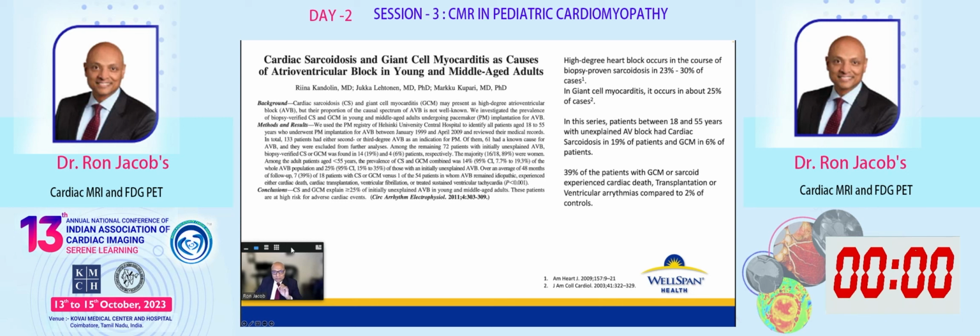In this particular series, patients were between 18 and 55 years, and the incidence of sarcoidosis or giant cell myocarditis was 19% and 6% respectively. Interestingly, 39% of the patients with giant cell myocarditis or sarcoid experienced some adverse event, compared to the controls who only had 2% of events. So just something to keep in the back of your mind.